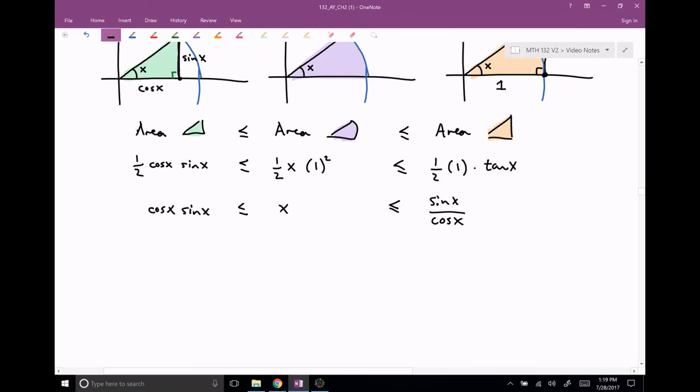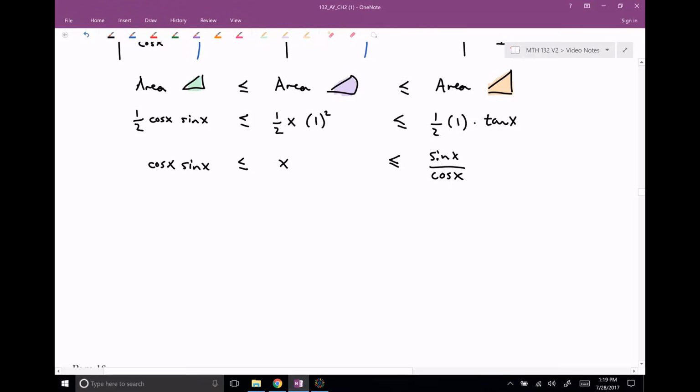Now, let me divide through by sine of x on all sides. If I divide this first one by sine of x, it just goes away and I get cosine of x. Here I would have x divided by sine of x. And here, if I divided by sine of x, this would just be 1 over cosine of x.